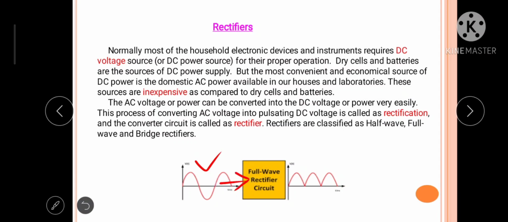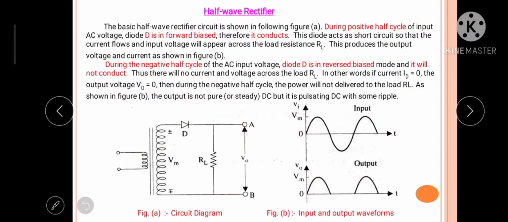The rectifier may be half wave or full wave, and accordingly it gives us an output which is pulsating DC. Basically, rectifiers are classified into three types: half wave, full wave and bridge rectifiers. Today's main topic is the half wave rectifier.